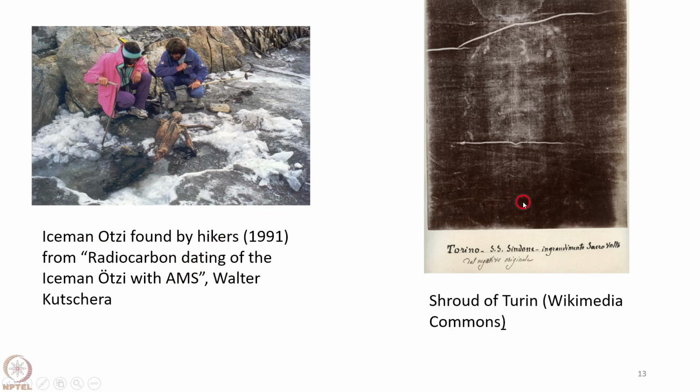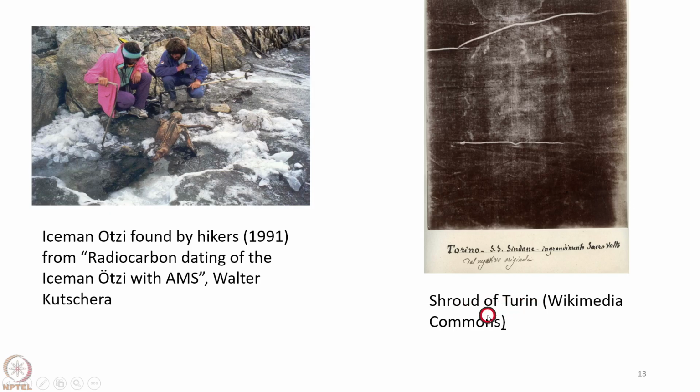The Shroud of Turin, of course, is supposed to have been part of the attire of Jesus Christ. It was in Turin, and the faithful used to go there, so it was mooted that one could date this Shroud of Turin.